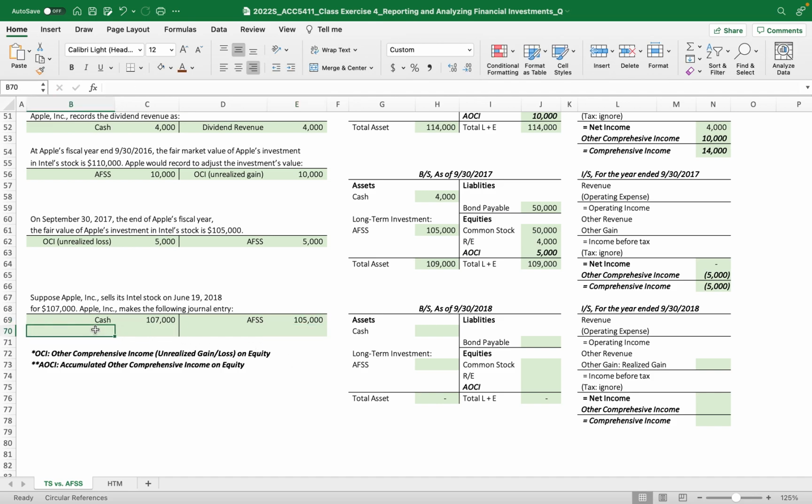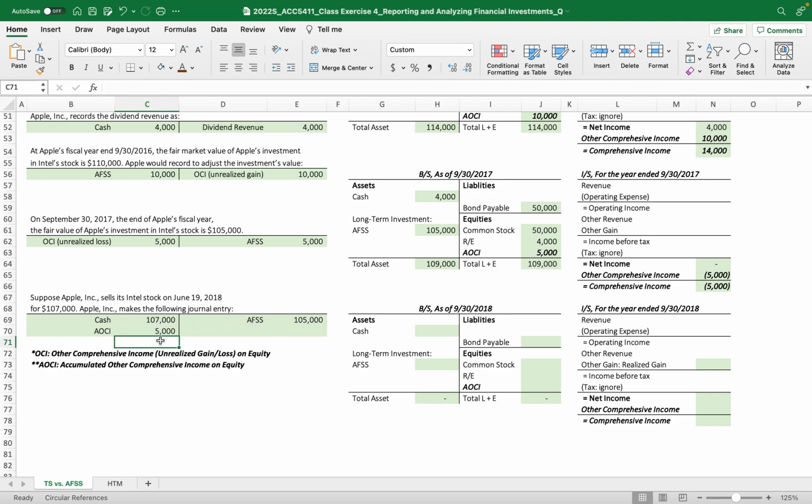Okay, then this is one of the points here. I will remove AOCI, because the unrealized gain of $5,000 is no longer unrealized, because the company sold the stock, right? This must be now $5,000, the ending balance of the prior year.